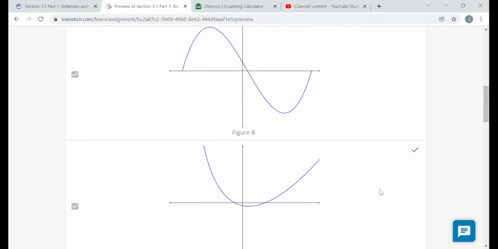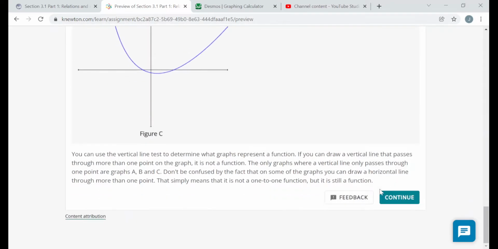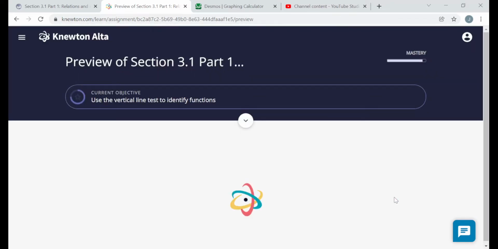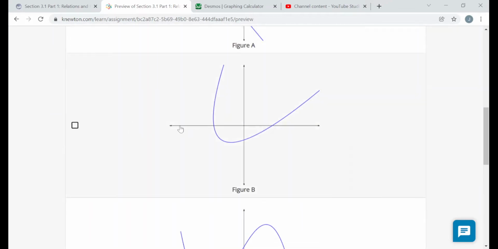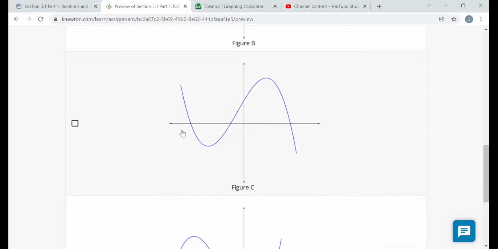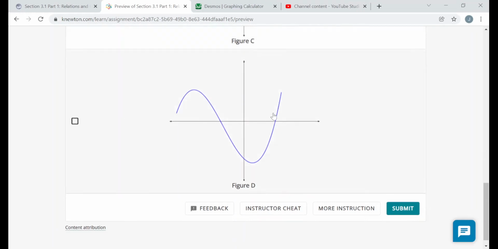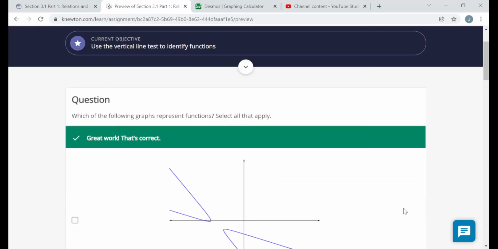Very, very easy in my opinion. And then we should have just one more like this. Not a function. Not a function. I see a vertical line that hits this more than once. Function, right? Every vertical line is going to hit this once or 0 times. Same thing here, function. Real easy.